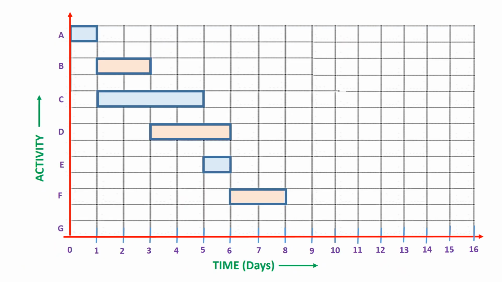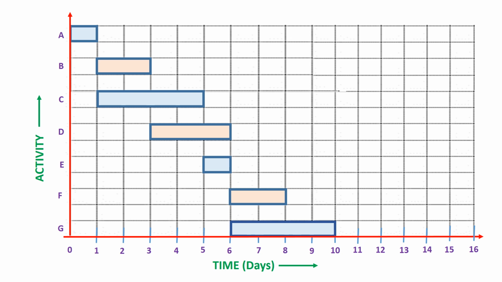I'll have my activity G below activity F, and as given, activity G can start after completion of activity E, that is at time t equal to 6. Therefore, my activity G is going to start from time t equal to 6 and the duration of activity G is 4 days. Therefore, activity G will be drawn something like this. So this is our final Gantt chart.